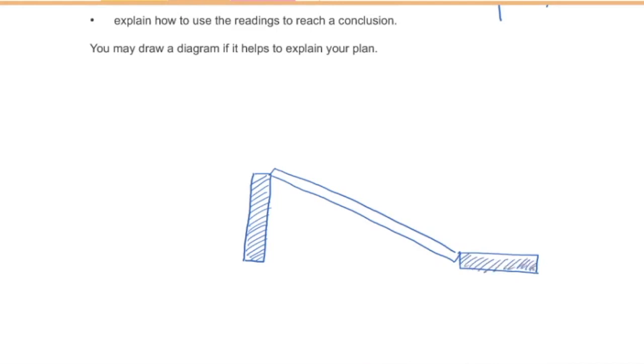Now you must also not forget labeling. So this is block 1, this is block 2, and this is the slope.